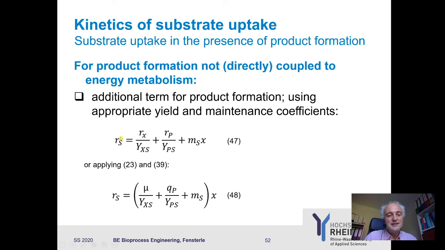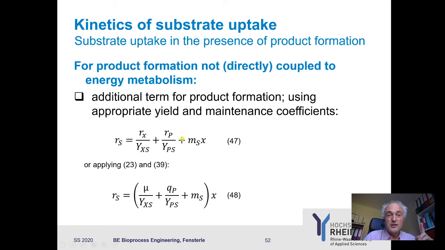I have Rs is equal to my rate of biomass formation divided by the yield coefficient of the biomass formation per substrate consumption. The same for my product and a maintenance term. If I have a direct coupling, this term goes away.